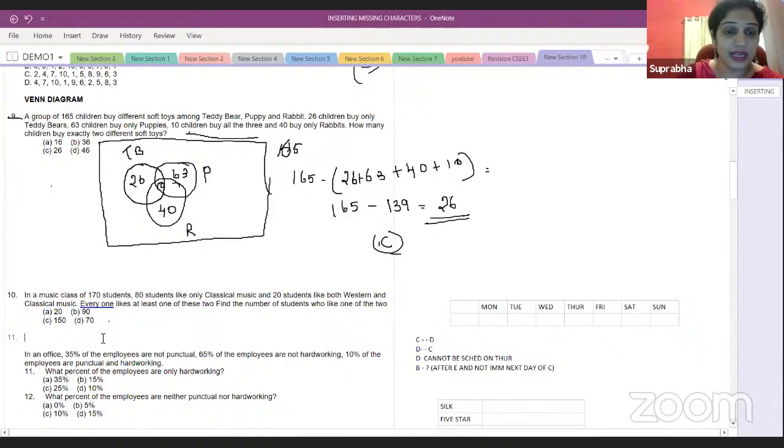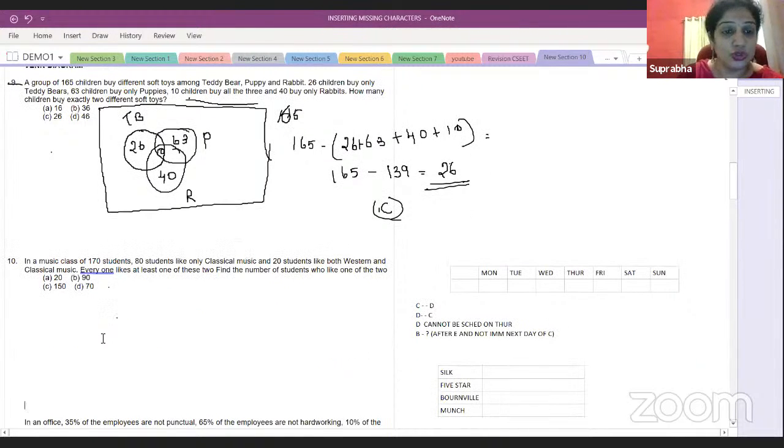So everyone likes at least 1. Find the number of students who like one of the two. Who likes one of the two? I think Ruchita knows. Shrujal and Nishant are somewhere close by, but not the exact answer.